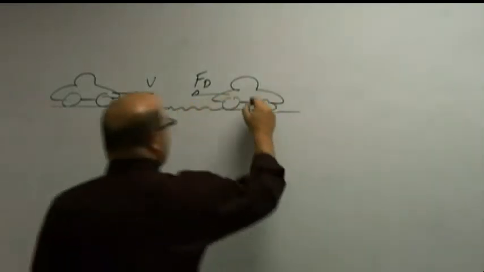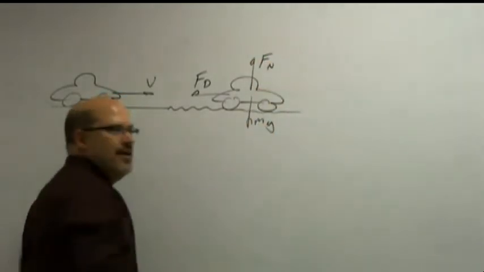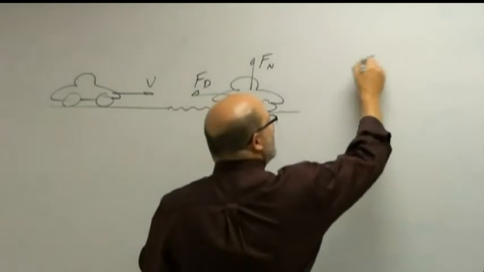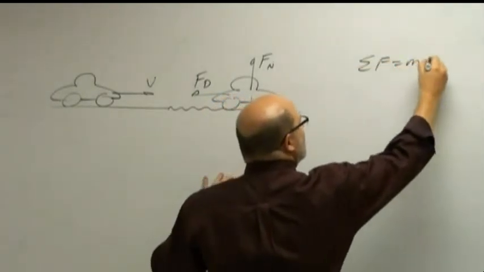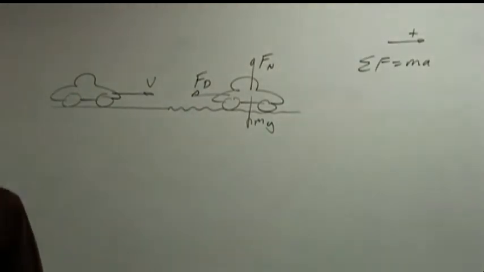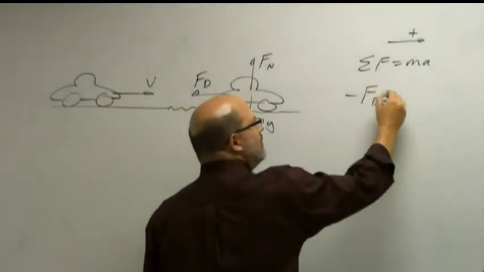There's an mg, and there's a normal force. What's the acceleration of the vehicle going to be like? To the right is positive, that's the way it's going. So I have a negative drag force equals ma.